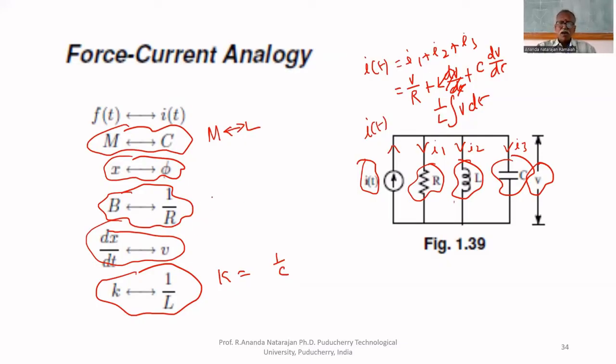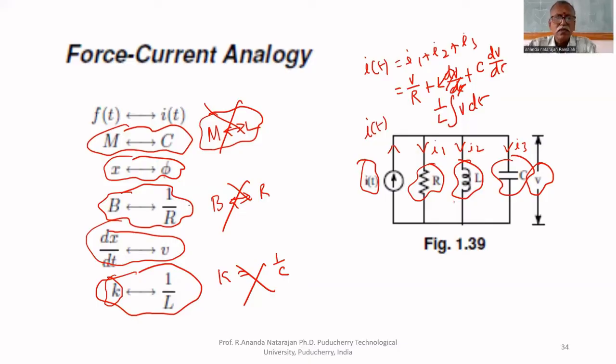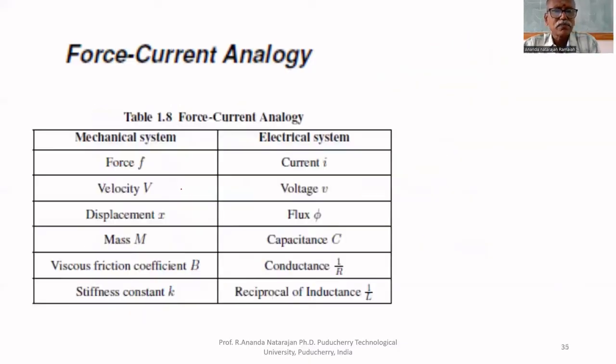Instead of R, earlier B is identical to R, now 1 by R. So wherever you find M, replace by C. Wherever you find B, replace by 1 by R. Wherever you find K, replace by 1 by L, and you will get the electrical force current analogy.